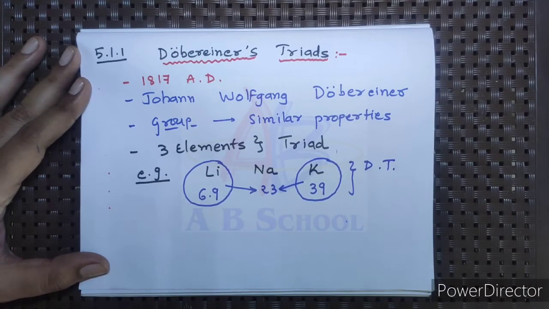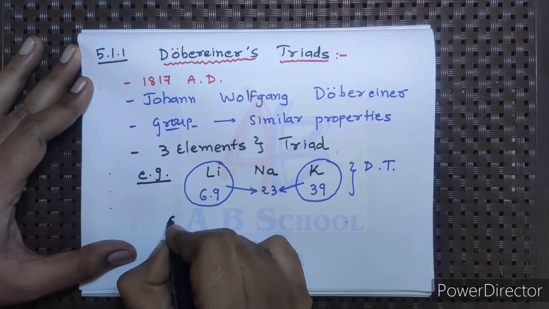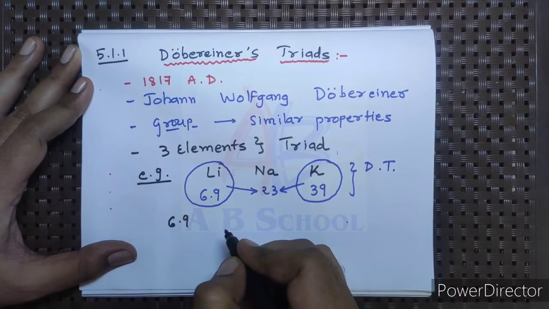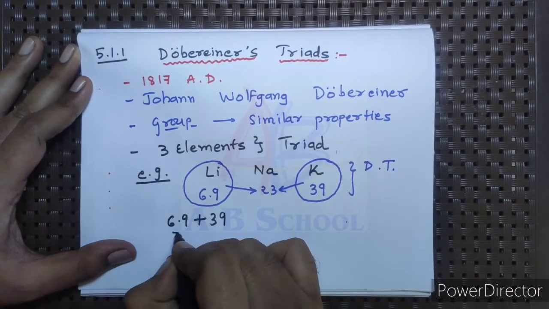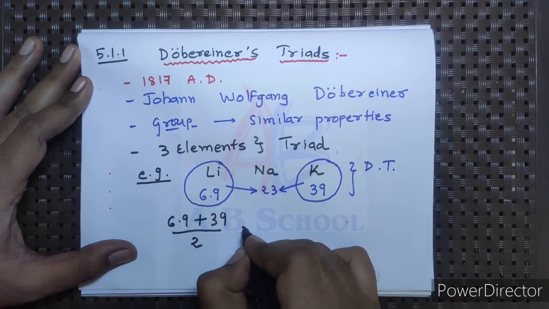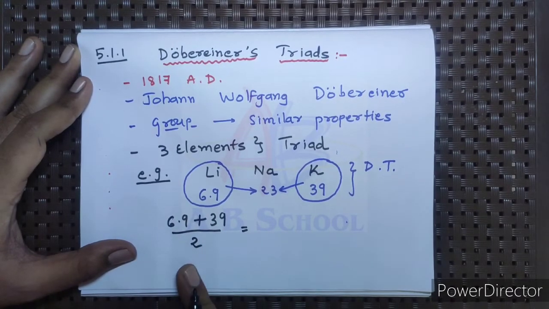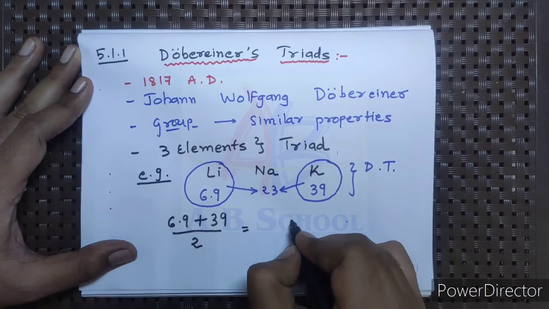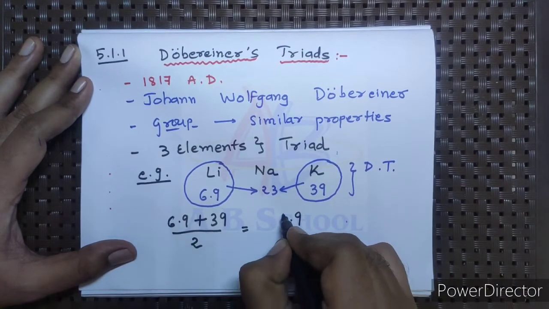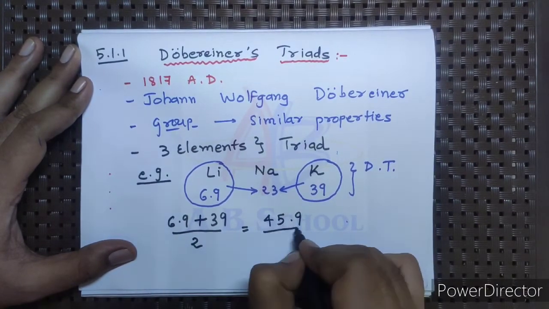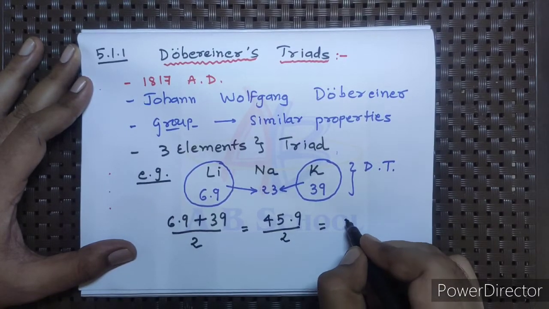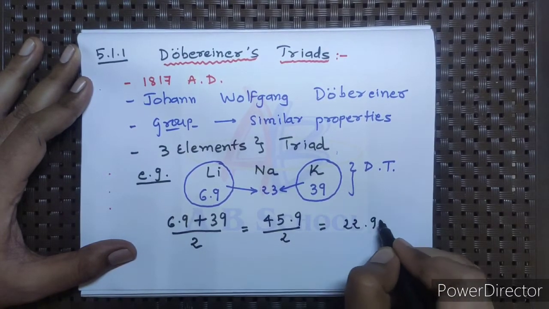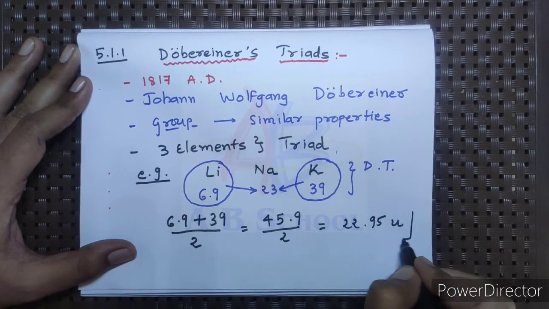So how to find out the average atomic mass of lithium and potassium? For that purpose, you need to add the atomic mass of lithium, that is 6.9, and potassium, and divide this mass by 2. That is how you find average. The total will be 45.9 divided by 2, which is 22.95 unit.